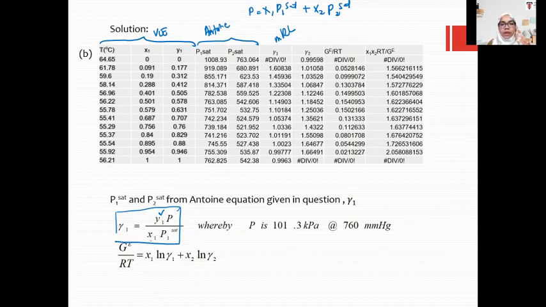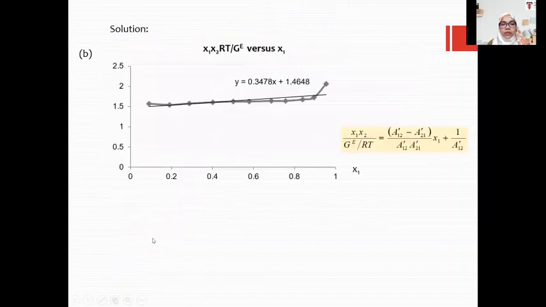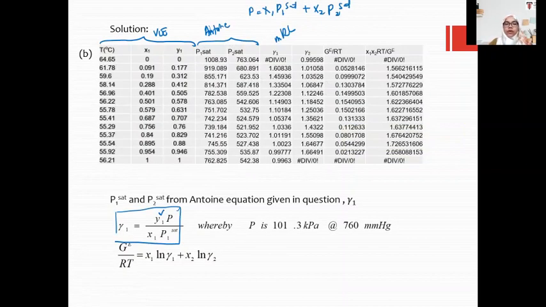Then from the value of P, inserted into this equation, you can obtain the composition for the liquid phase, and also the saturation pressure for component 1, which you already obtained. Finally you can obtain another set representing the values of gamma 1 and 2, and then you can proceed to GE over RT, based on the summability relation, which is x1 ln gamma 1 plus x2 ln gamma 2.